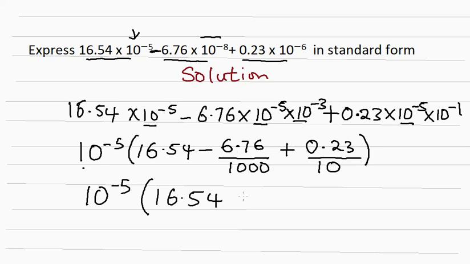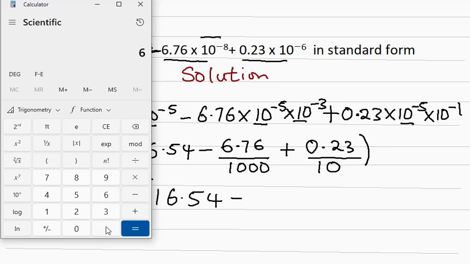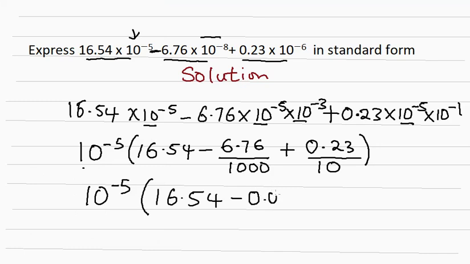Let's do the division so that we will not make mistakes. 6.76 divided by 1000 is going to be 0.00676. Then this is going to be 0.023.